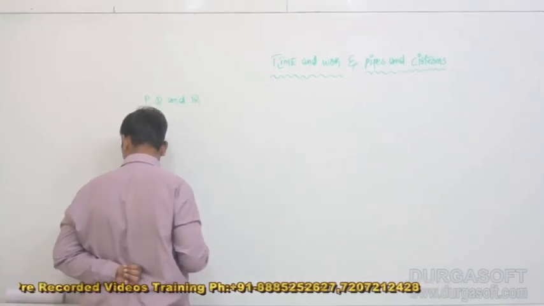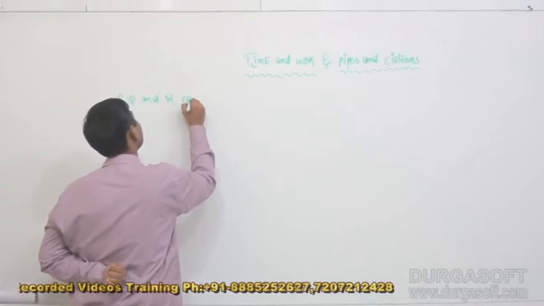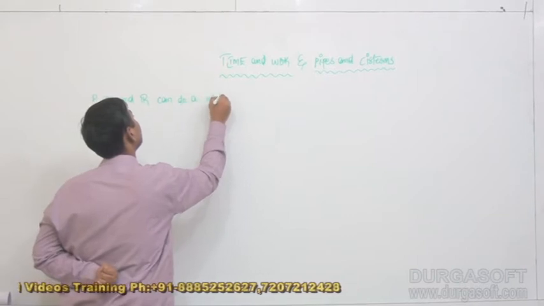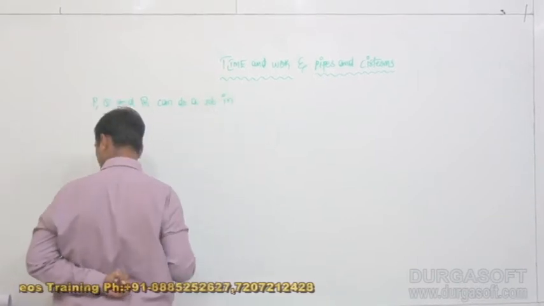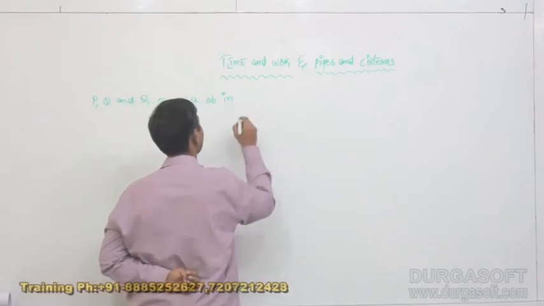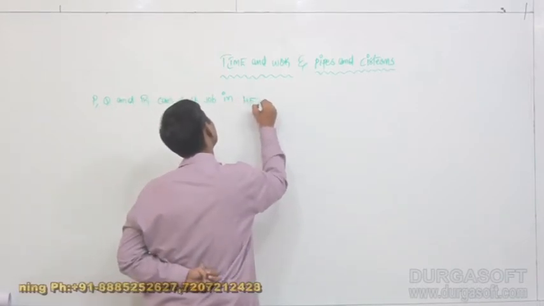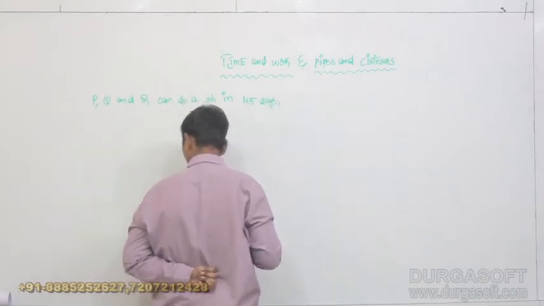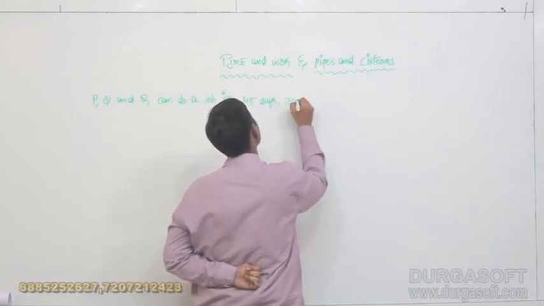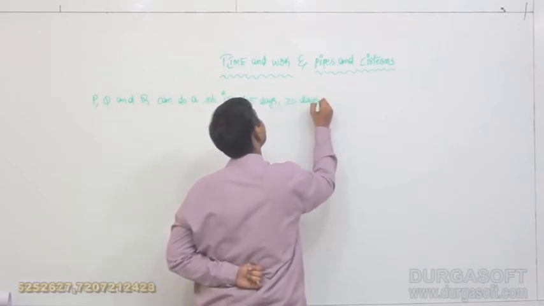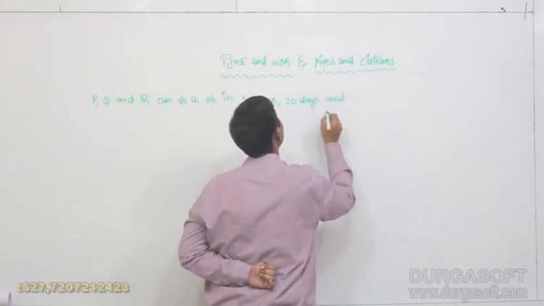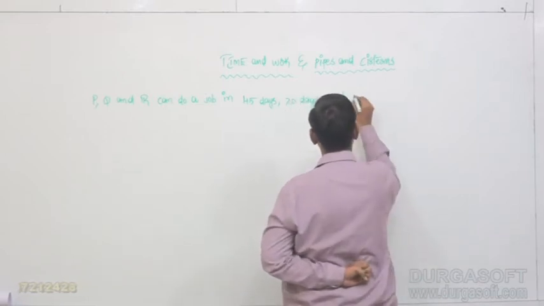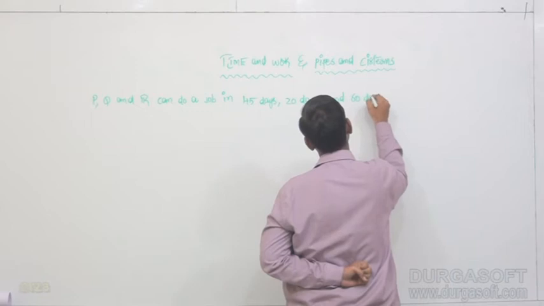P, Q and R can do a job in 45 days, 20 days and 60 days respectively.